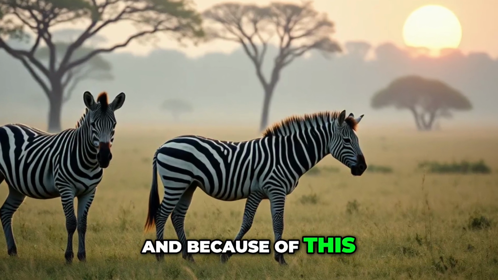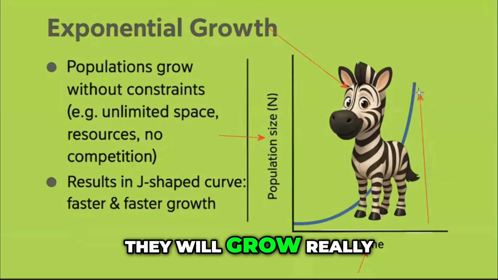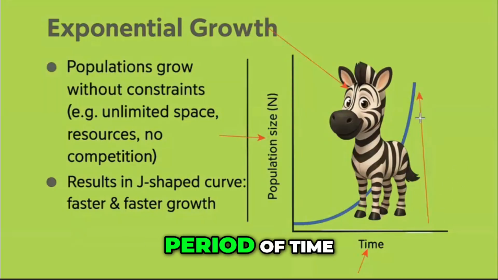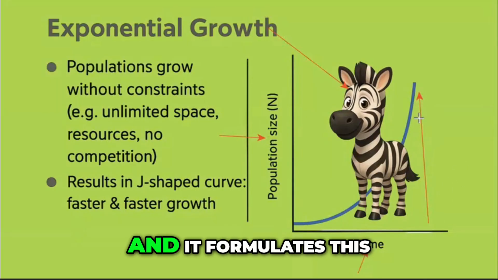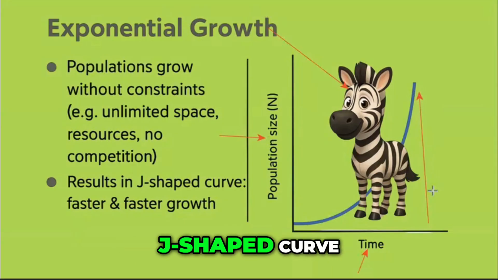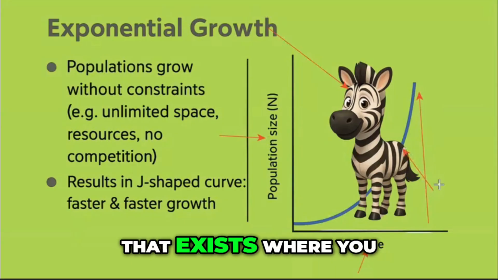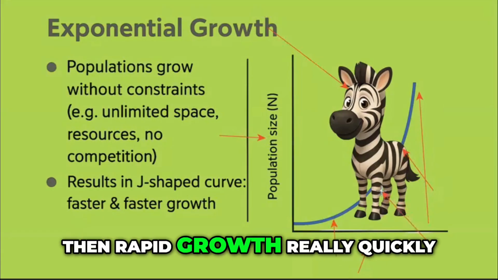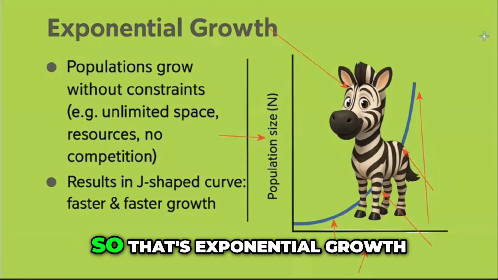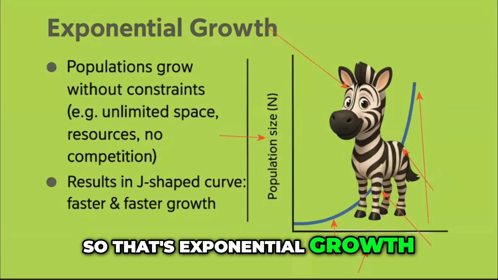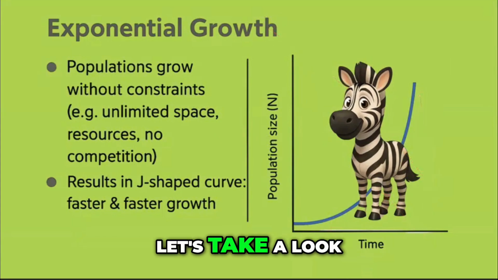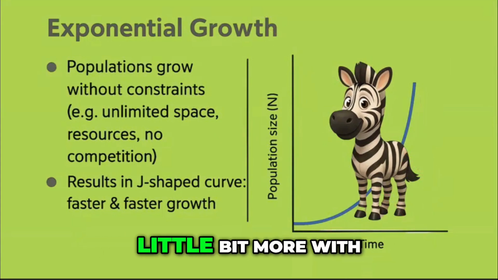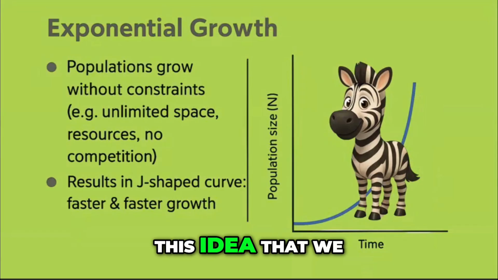And because of this, the idea is that they will grow really fast over a short period of time. And it forms this J-shaped curve where you have small growth and then rapid growth really quickly. So that's exponential growth.